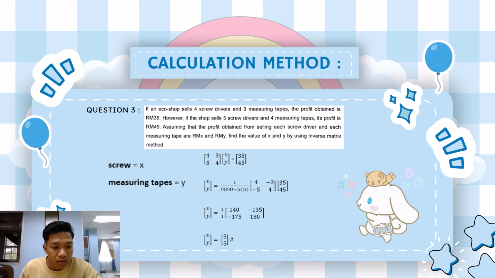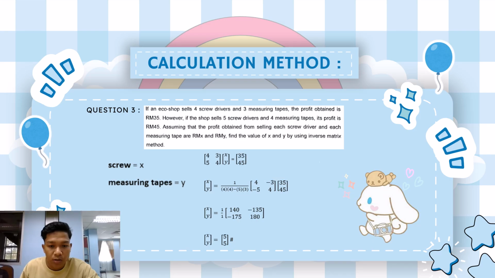So let x equal the profit from 1 screwdriver, RMx, and y equal the profit from 1 measuring tape, RMy. For step 1, from the question we get two equations: 4x plus 3y equals 35, and 5x plus 4y equals 45.